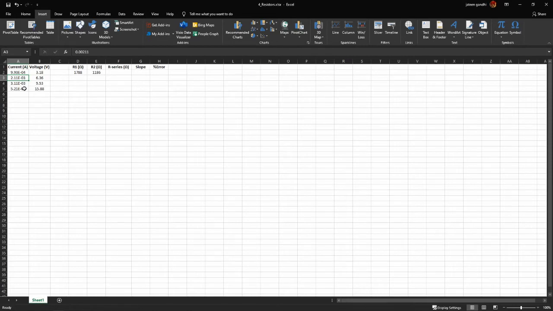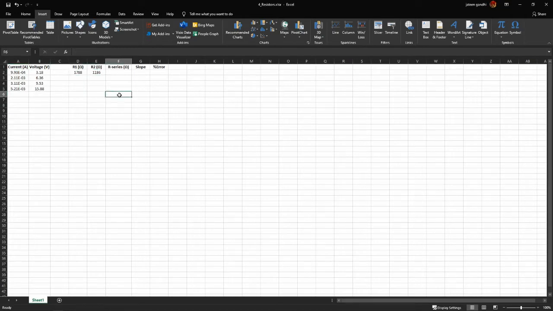The rest of them were 2.11e-3, and so on. It's very critical that you input the correct value of the current in the correct unit, which is amps. Voltages as is. And we have our resistance 1 and resistance 2.